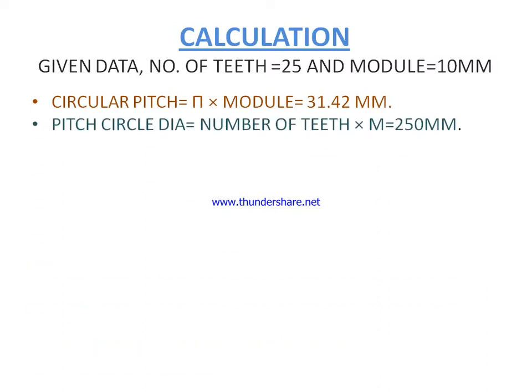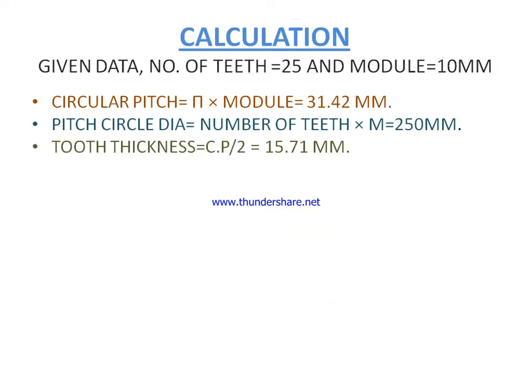Pitch circle dia: number of teeth into module, 250 mm, because CP is equal to pi into PCD by number of teeth. So pitch circle dia is equal to number of teeth into module, 250 mm.